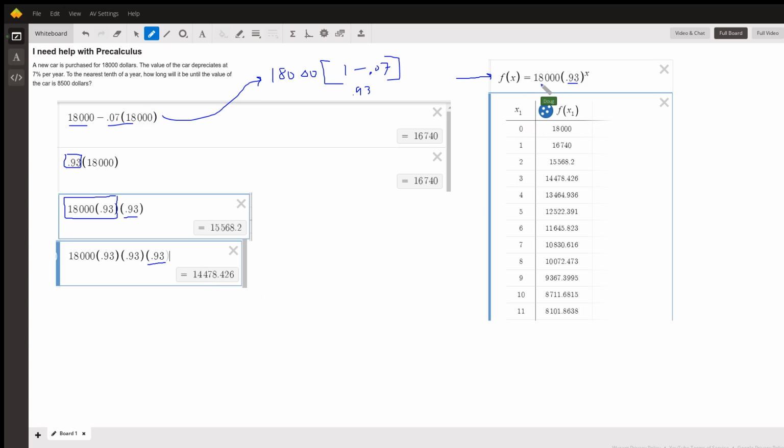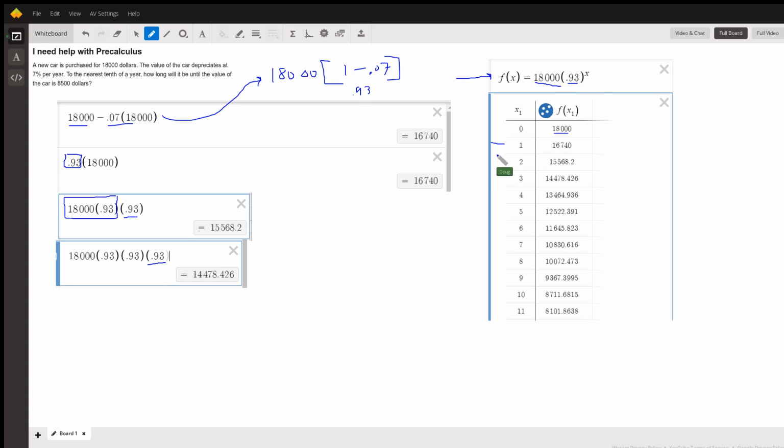And so the exponential decay function is the initial value of the car, 18,000, times 0.93 to the x power, or the t power. You could use t for time. After 0 years, the car has an initial value of 18,000 because 0.93 to the 0 power is 1. 1 times 18,000 is 18,000.